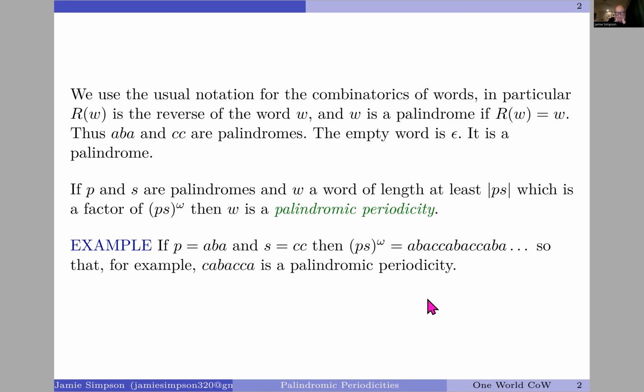So what I'll derive is something like the Fine-Wilf periodicity lemma, but applied to these things. That's the main part of the talk. I'll then have a discussion about some of the ways in which we can carry on research on these things.